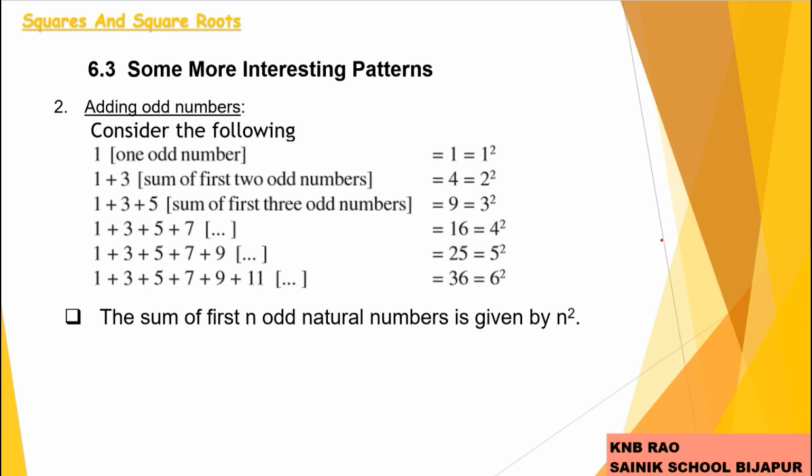Adding odd numbers means, here you could observe odd numbers from 1 onwards, you are aware.